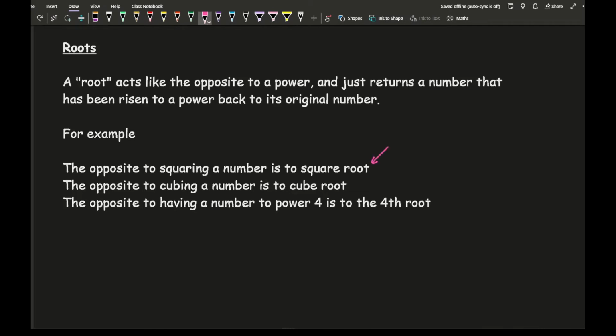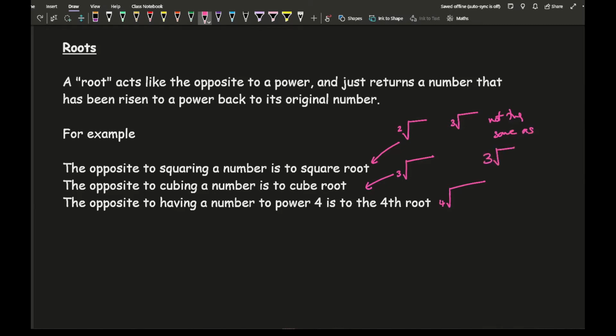So square root is written like this. Sometimes you might be expecting a little 2, but generally that 2 isn't written, because we call this a square root. Now cube root looks like a little 3, and then fourth root would look like a little 4. Now remember, the main difference is that cube root is not the same as a big 3 in front of a square root.